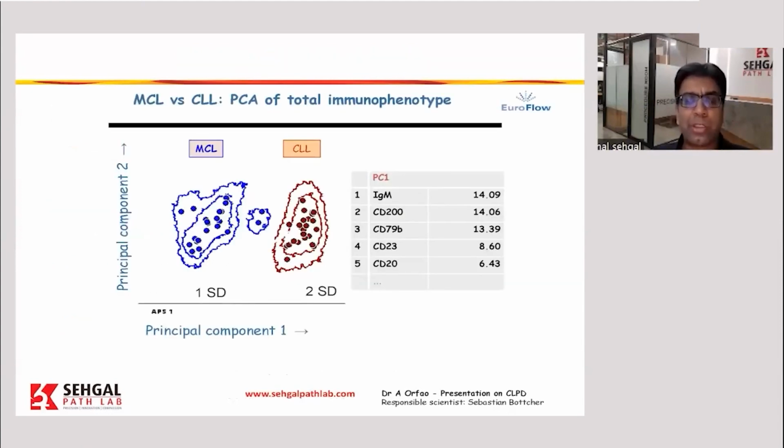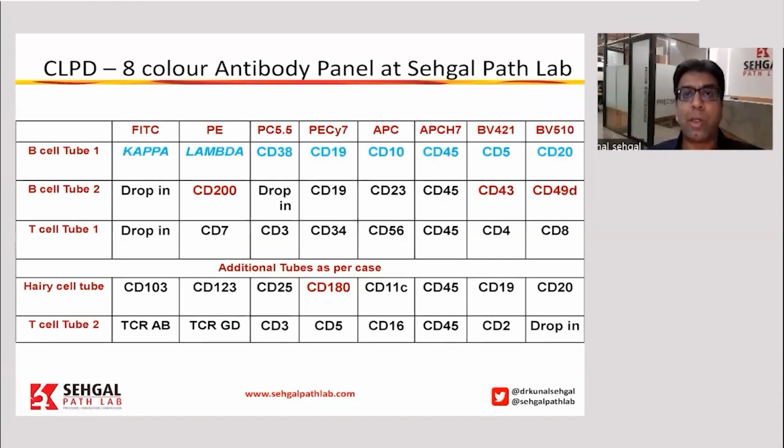Even the EuroFlow group, one of the leading groups in standardizing lymphoma and leukemia panels, has also shown the importance of CD200. So as things have moved and newer markers have come across, we also have to move from the typical CD5 and CD23 expression in CLL to newer markers.